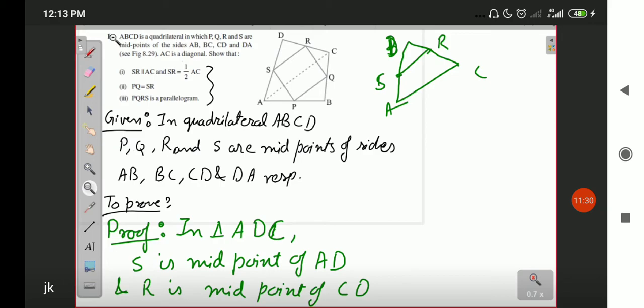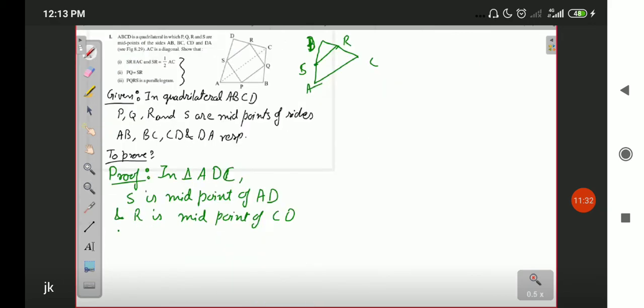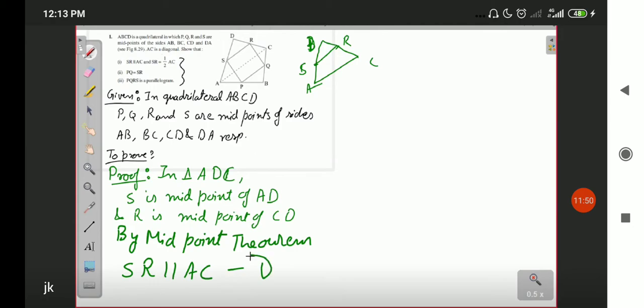So by the midpoint theorem, SR will be parallel to AC, first equation, and SR will be half of AC, second equation.